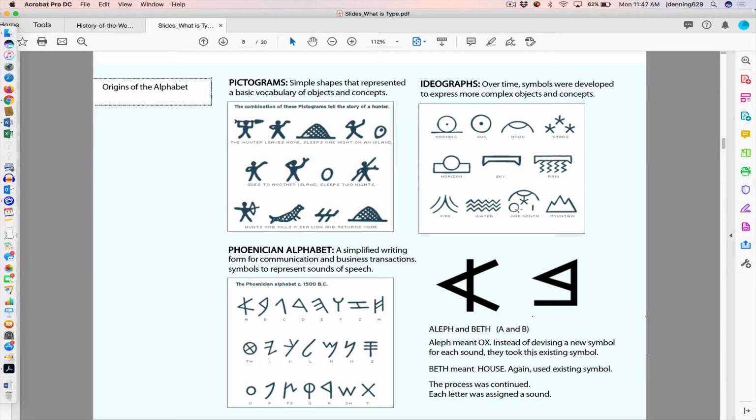And then you have the alphabet. The first known alphabet, the Phoenician alphabet, was created 1500 to 1000 BC, and it's a consolidation of letter forms. There were 22 symbols to communicate ideas.